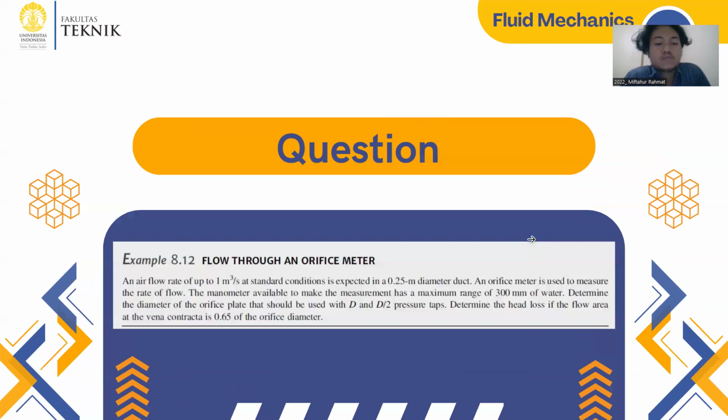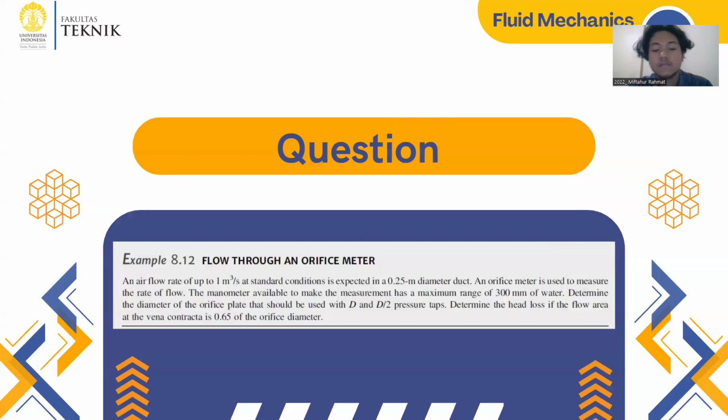For the first question: an airflow rate of up to 1 meter cubed per second at standard condition is expected in a 0.25 meter diameter duct. An orifice meter is used to measure the rate of flow.